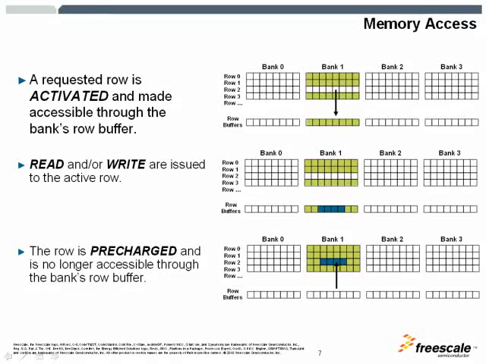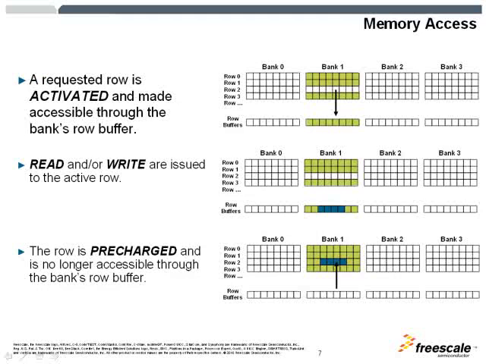Accessing a memory always starts with an active command, taking the information that was in the two-dimensional array into the row buffer. Once the information is transferred into the row buffer, the information is no longer available in the two-dimensional array, or bank 1 as it's depicted here.